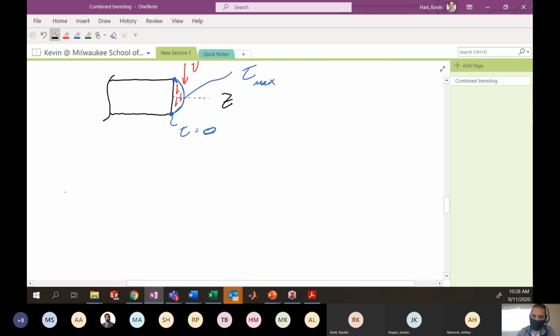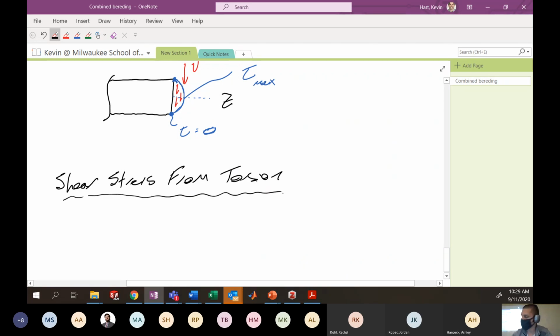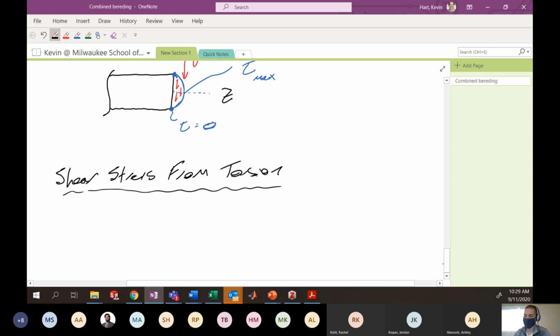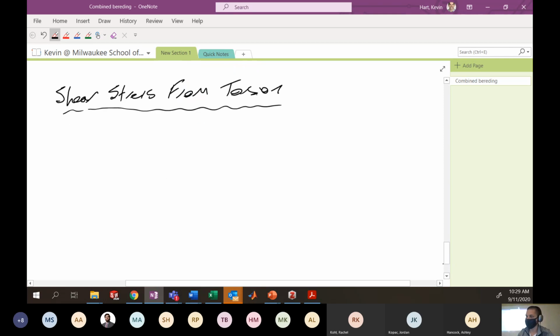All right. So the last thing we're going to talk about is torsion. So let's do that now. Here now is shear stress from torsion. Again, we'll draw ourselves a little picture.